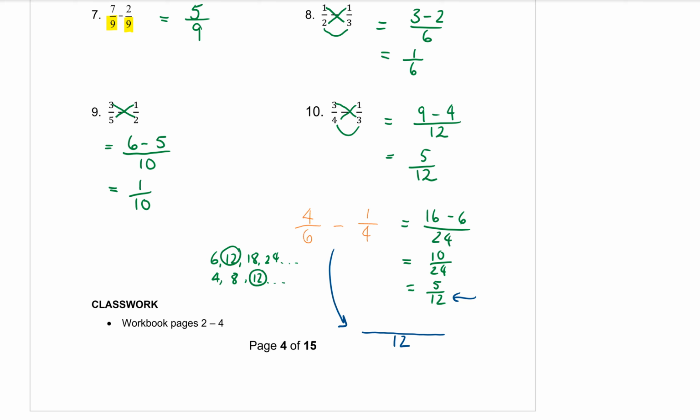So 4 times 2 makes 8. The second fraction had a denominator of 4, so that fraction needs to be multiplied by 3 to make 12, and 1 times 3 is 3. Then 8 take away 3 gives me the 5 over 12. I get the same answer, but I started with a lower denominator.